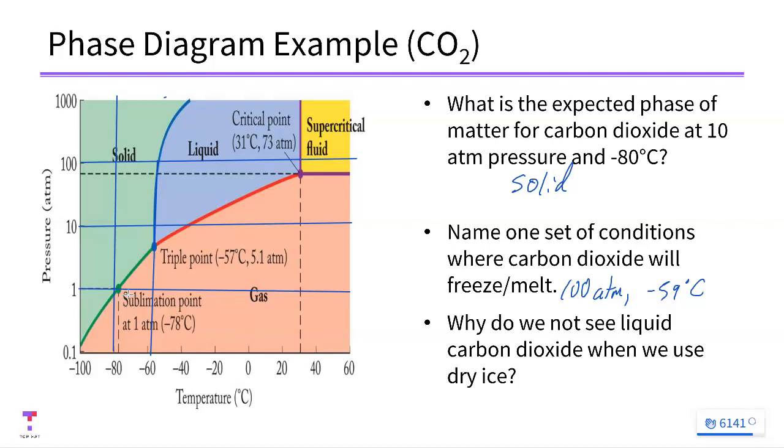I don't see any kind of transition into the liquid phase. So why does that happen? Why don't we see it? At 1 atmosphere of pressure, carbon dioxide does not exist as a liquid.